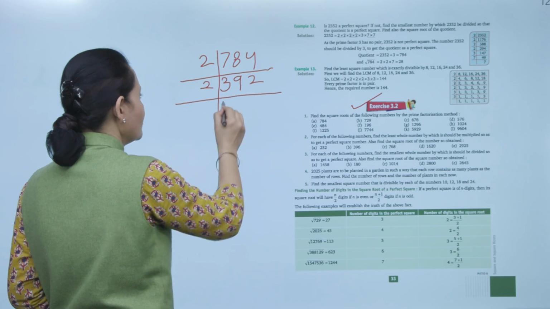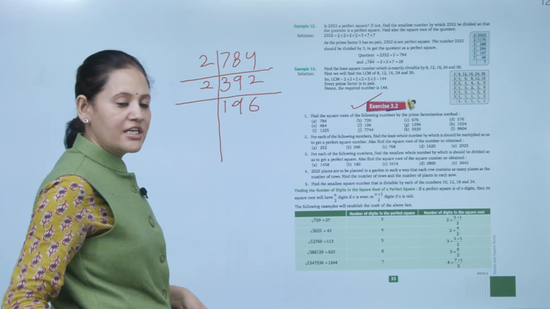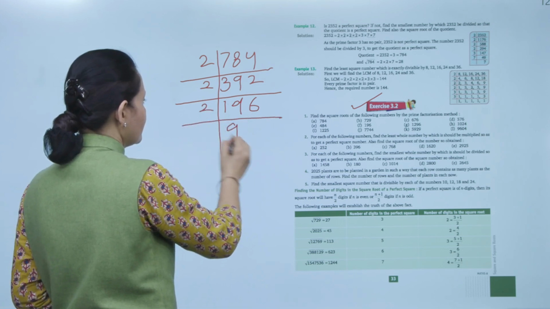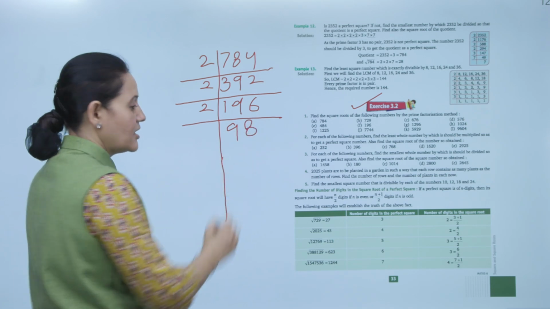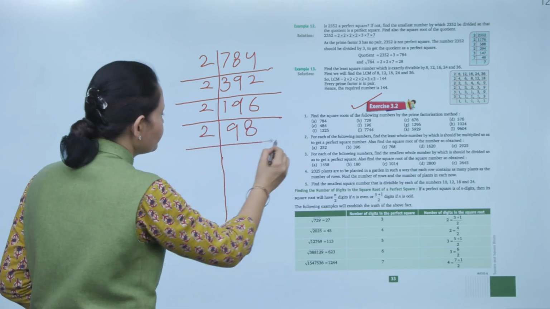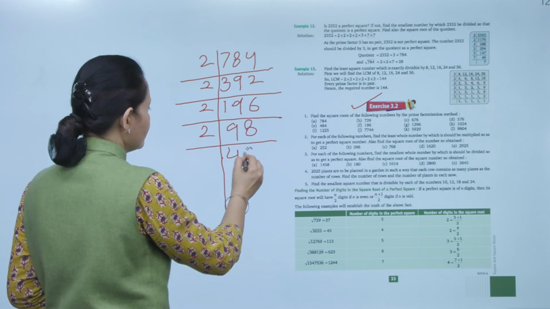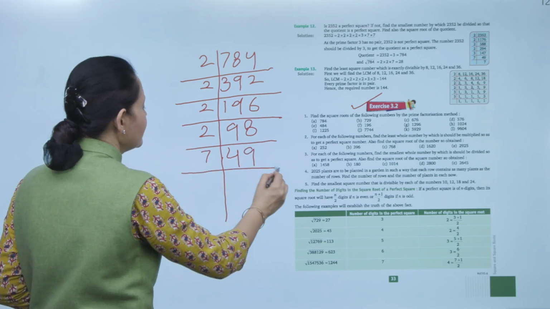Again 2 से, 196. Again we'll divide by 2. Again we'll divide by 2. 2 4 is 8. Now we cannot divide it by 2, we'll divide by 7.